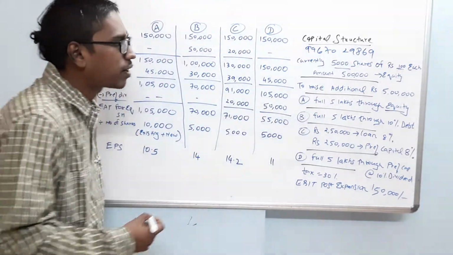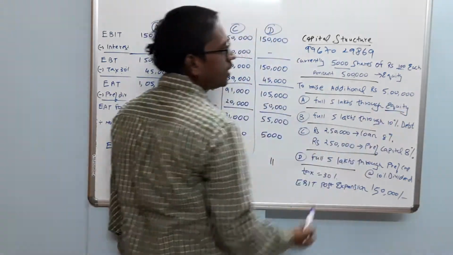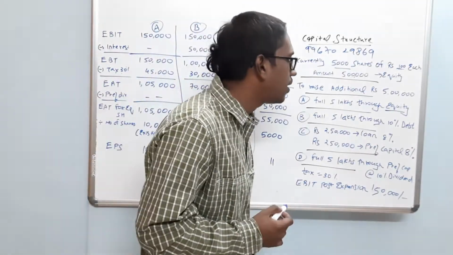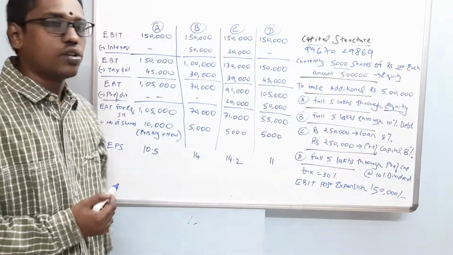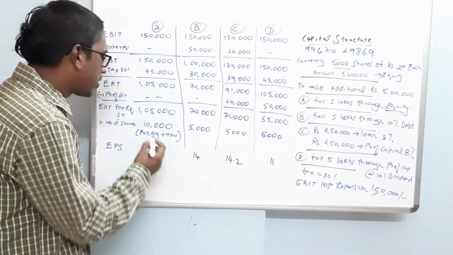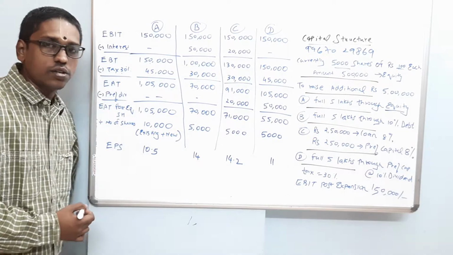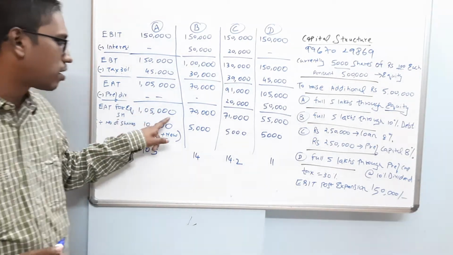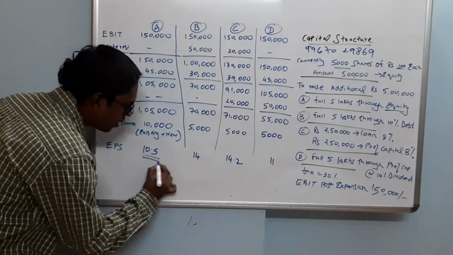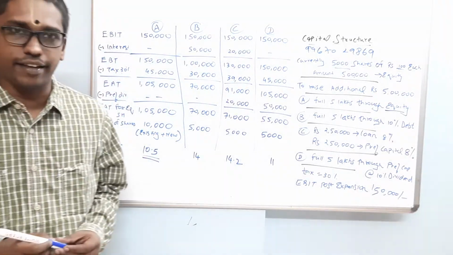This 5,000 is new because total 5 lakh rupees divided by 100 rupees each gives us 5,000. So existing 5,000 plus new 5,000 shares gives us a total of 10,000 shares. So when I divide 1,05,000 rupees earnings amongst 10,000 equity shares, I get the earnings per share as rupees 10.5.